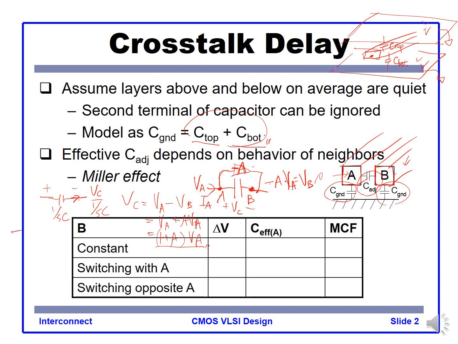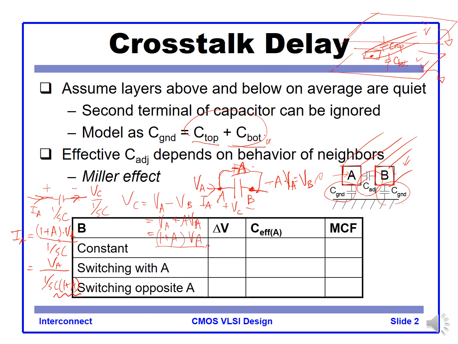So this current IA, the current going into this, what is it? It is 1 plus A times VA over 1 over SC. So if we rewrite that, it is VA over 1 over SC times 1 plus A. So the actual capacitance looks amplified by that, right?